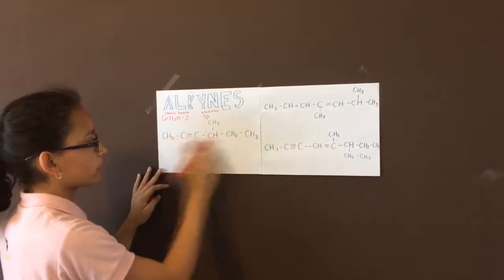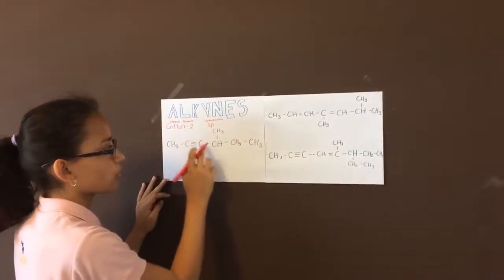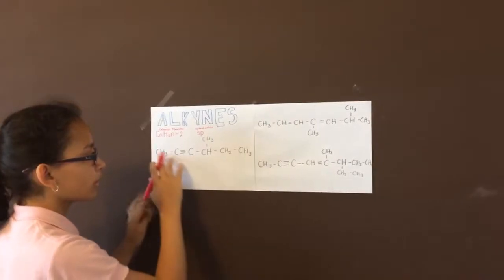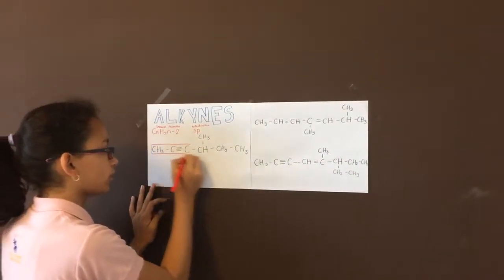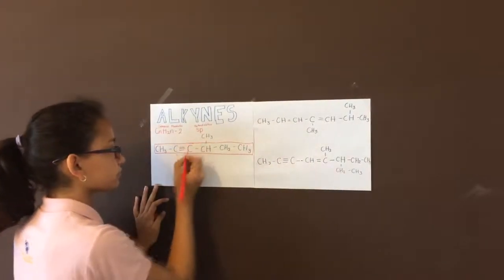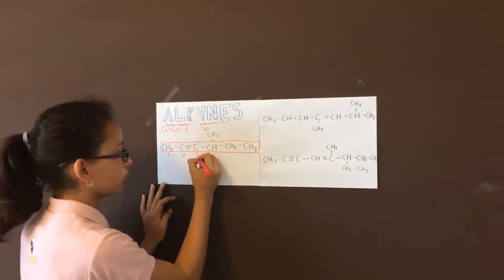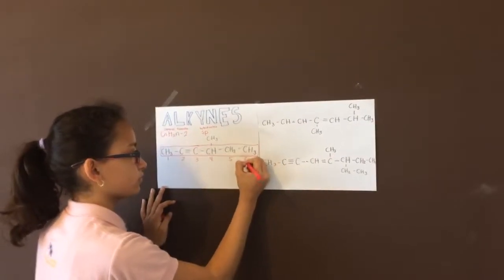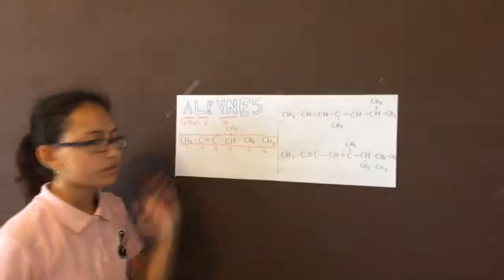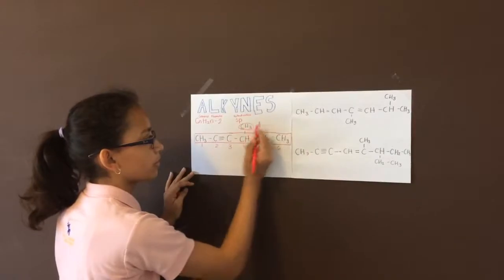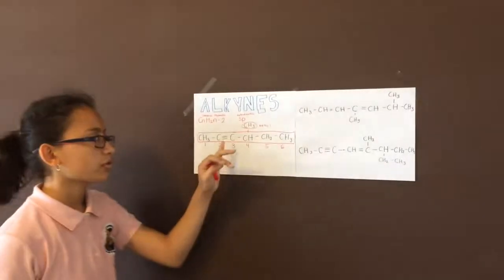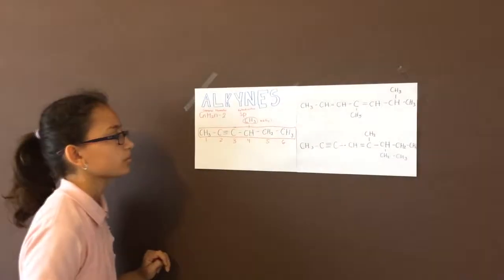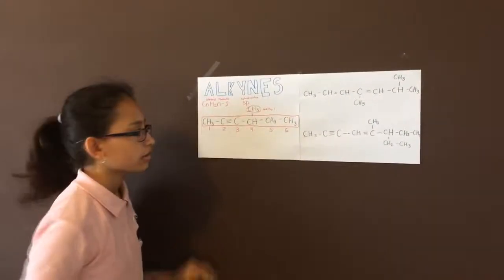For example, we have this, that is 1, 2, 3, 4, 5, 6. So we have to indicate the longest chain, and we have to number it. And then the alkyl groups. This is a methyl. And then also we have to indicate where the triple bond is. But first the alkyl groups.